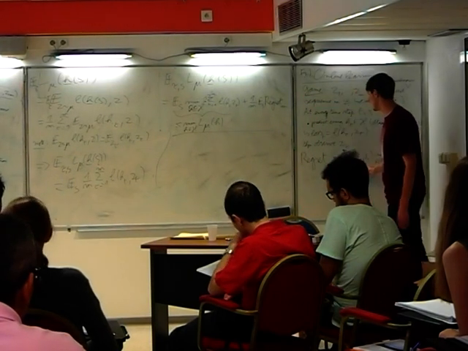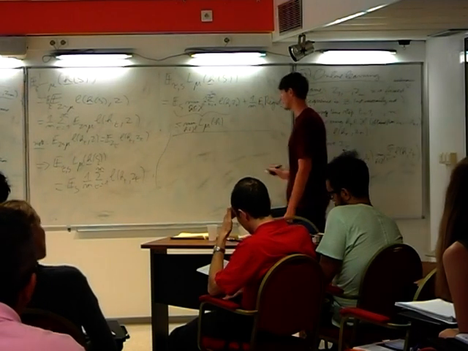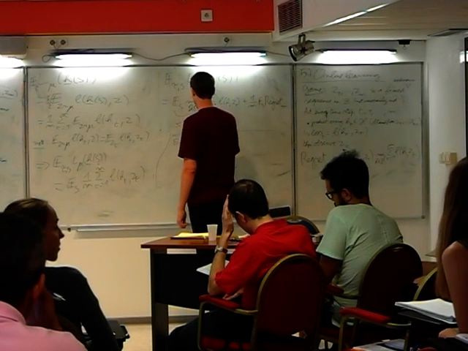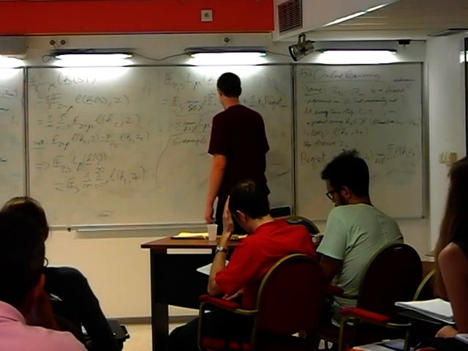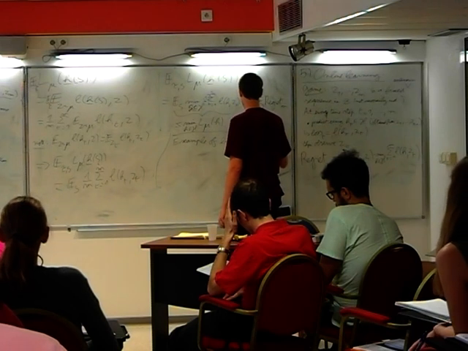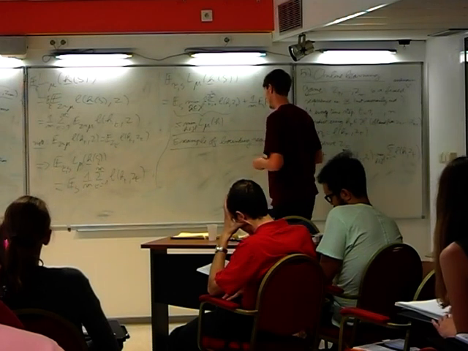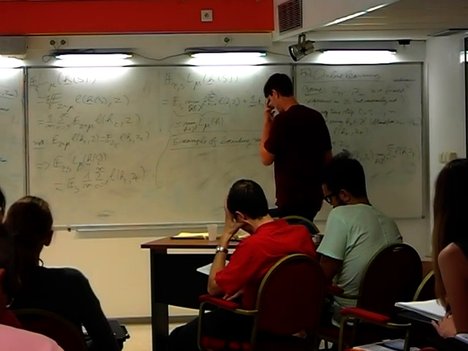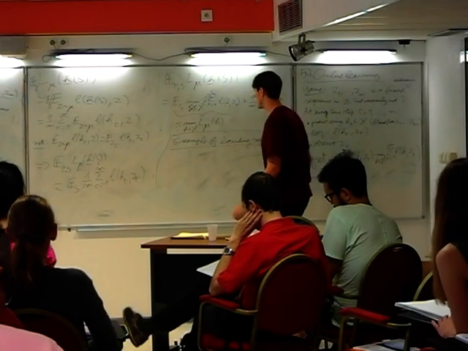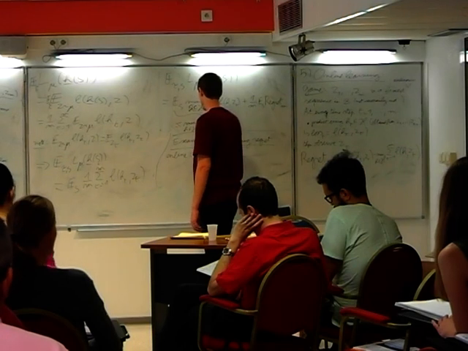Okay, so let me just explain briefly how you can hope to bound this. An example of bounding regret. So let's do it in the convex case. Let's do online convex optimization.